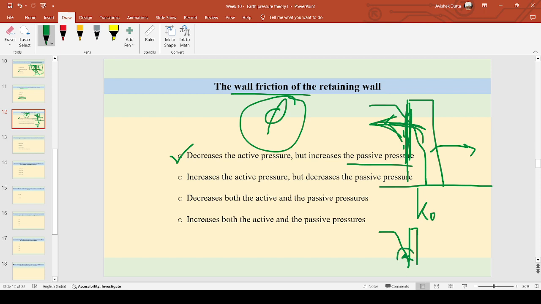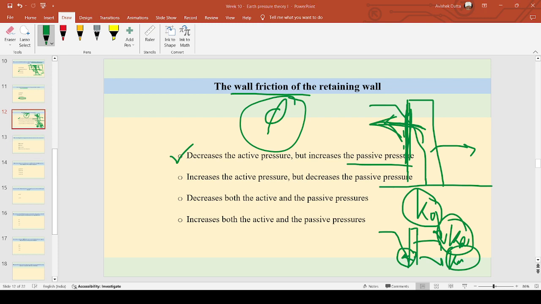If no roughness was there, then the value of K0 transferring into Ka would have been something, but when the wall roughness is included, there is a much larger decrease from K0 to Ka. Why? Because now the soil is losing the interlocking with the backfill when it is moving away from the backfill. Is it clear? Yes, sir. Thank you, sir.